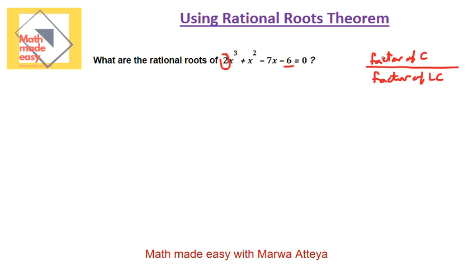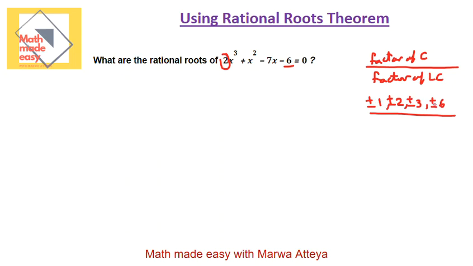Let's see what the factors of 6, or -6, are. It could be 1 times 6 or 2 times 3. However, both of them can be positive or negative, because you can multiply -1 by -6 and still get 6.